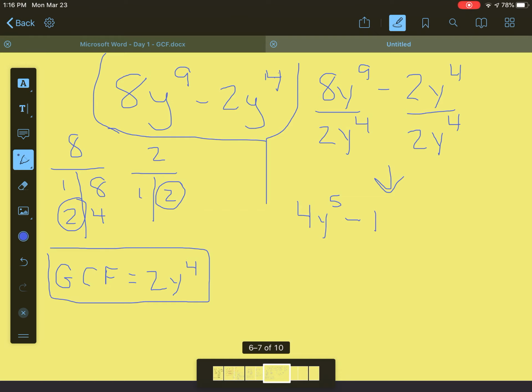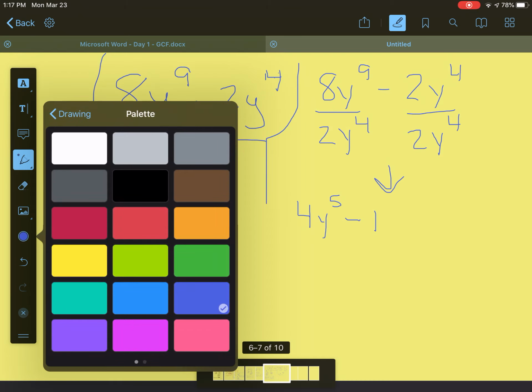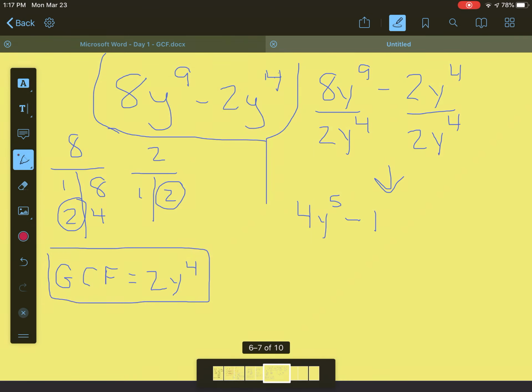So what you're going to do when you have a situation like this where both variables, top and bottom, have the same exponent, they just reduce to 1, or what sometimes us math teachers like to say is that they cancel out. So you can kind of forget about these guys. They just reduce to 1, okay?